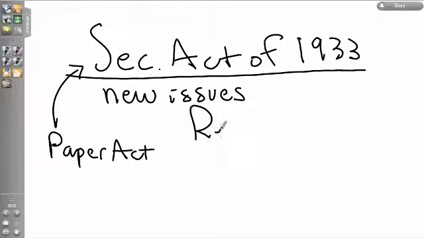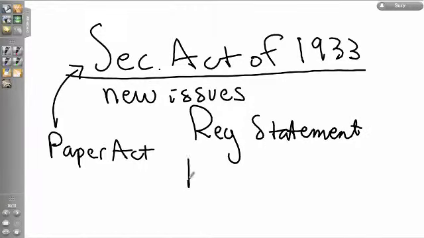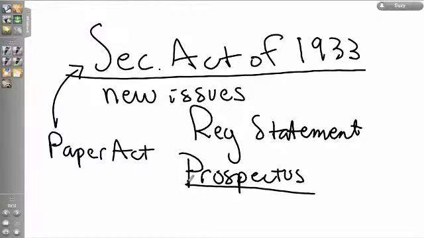It requires that a registration statement be filed with the SEC. And it also requires that whenever you sell a new issue, you must give out a prospectus. A prospectus is the summary of the most important information found in the registration statement.